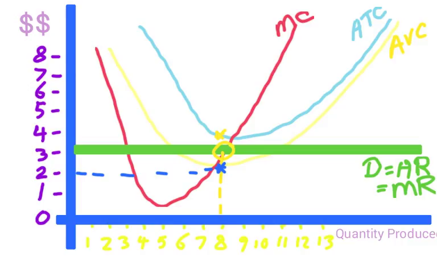So we are covering our average variable cost because we're charging $3 for the product. So if we only had variable costs, we would actually make a profit. So that means that we're actually covering part of our fixed costs. And so here in this case, it means that if we did shut down, we would have all of our fixed costs, and we would lose that much money. Let's say, I'll make up a number, let's say we would lose $40 or so.